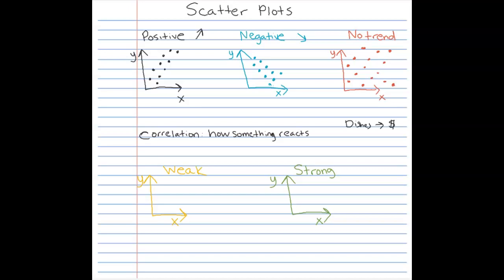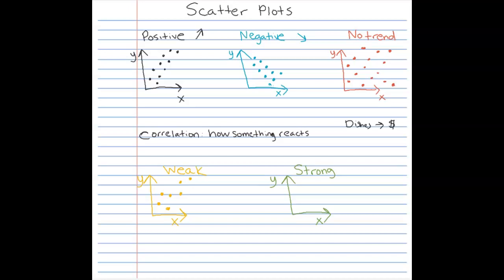So a weak correlation would follow along with something that has no trend. So it would be a combination of no trend along with either a positive or a negative. So let me give you an example of something that's positive here. Just staring at this, you can tell that it's positive, but you're not as sure about it.